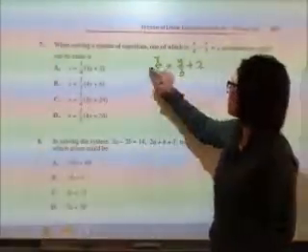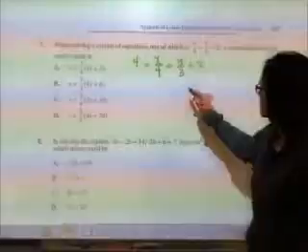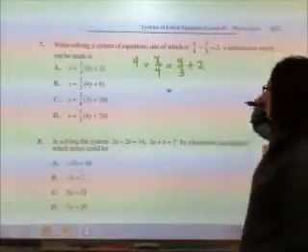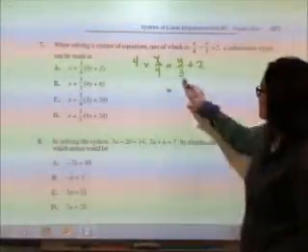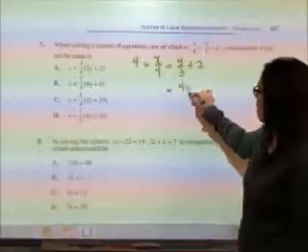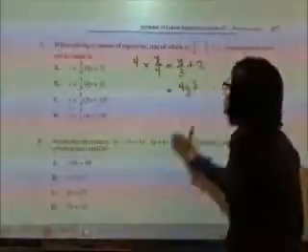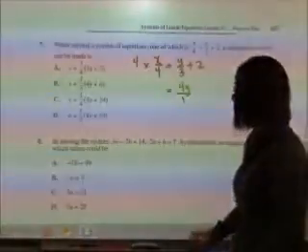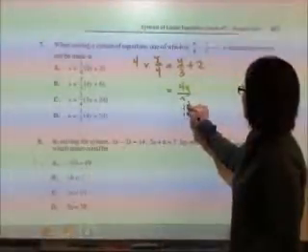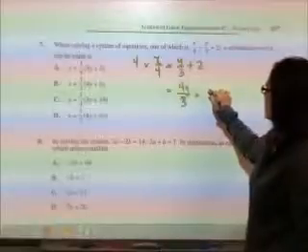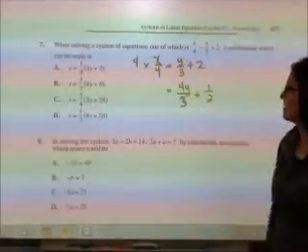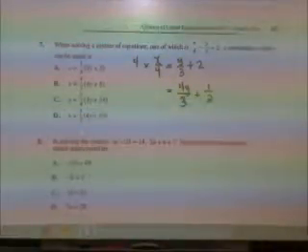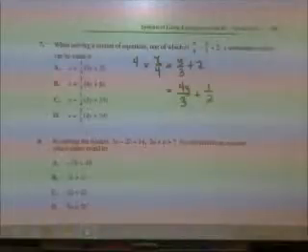I have to multiply by 4. So if I multiply by 4, I get 4y over 3 plus 1/2. Doesn't that get nice and messed up?